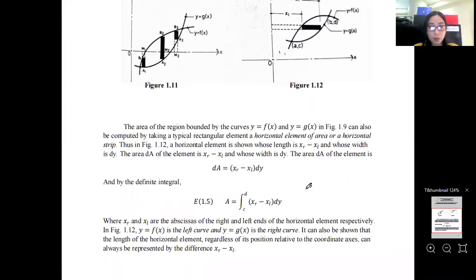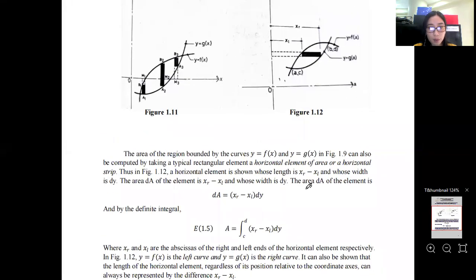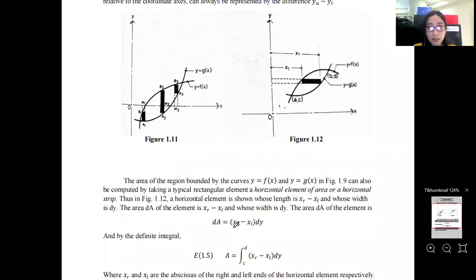Okay? So instead of using y sub u minus y sub L times dx, ang atong gamiton is x sub r minus x sub L. Okay, so mao ni siya ang iyang value dinhi tapos dx dayon.